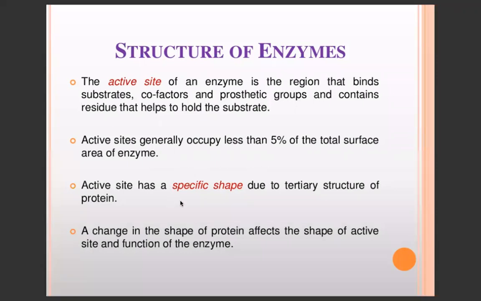The active site has a specific shape due to its specificity, and it has a specific amino acid sequence which is attached to the substrate. A change in the shape of the protein affects the shape of the active site and the function of the enzyme.